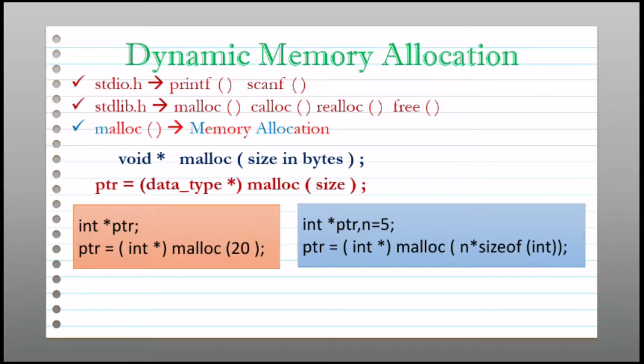Now we will see one small program. First we have included 2 header files: hash include stdio.h, this is for using the printf and scanf functions, and stdlib.h is included because we are using the malloc function.